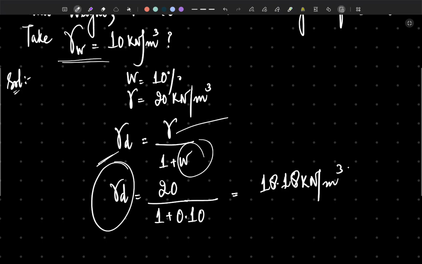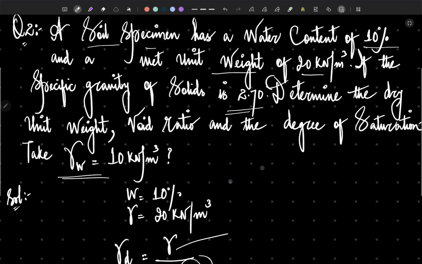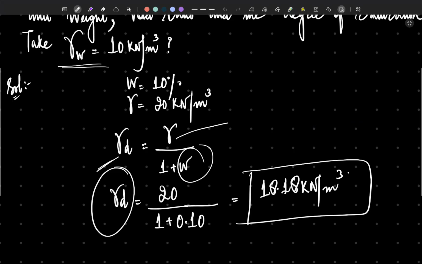This is the first thing that we have found out, and this is what the question was demanding, that determine the dry unit weight. It is 18.18 kilonewton per cubic meter.